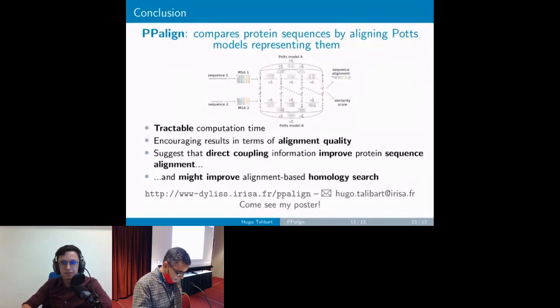So there's a question online by Chengzhen Zhang. Is it possible to align a POTS model to a contact map?